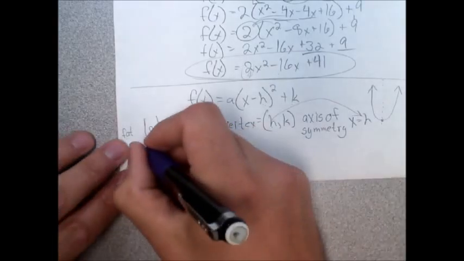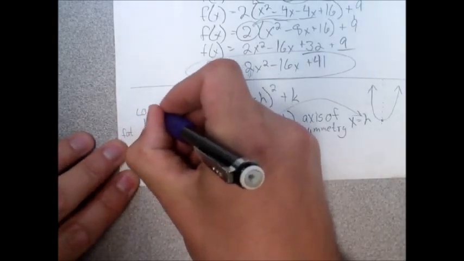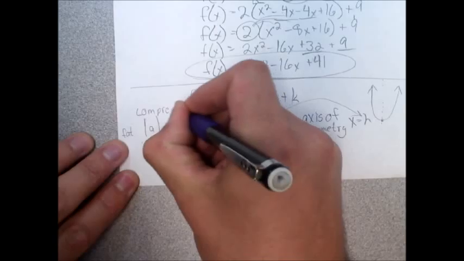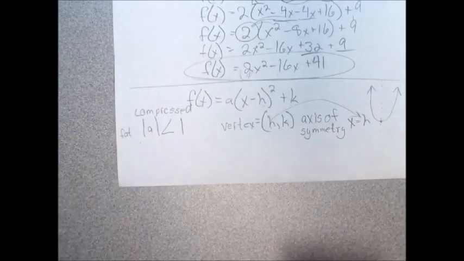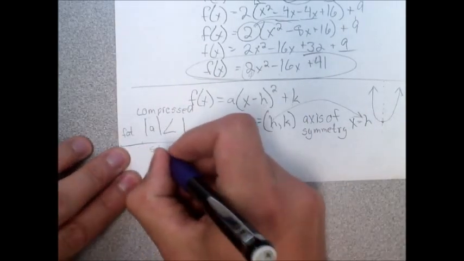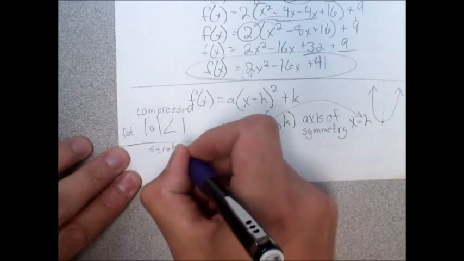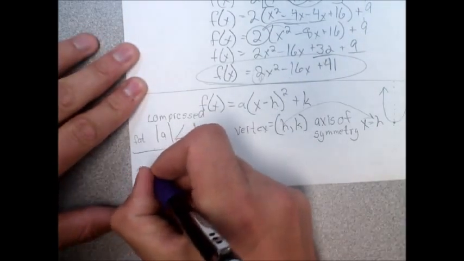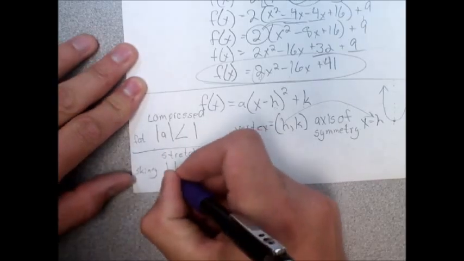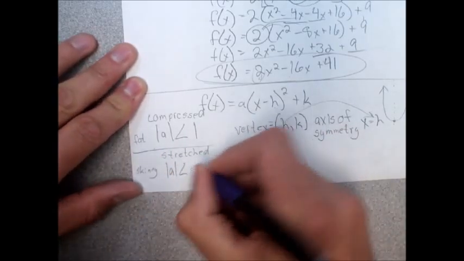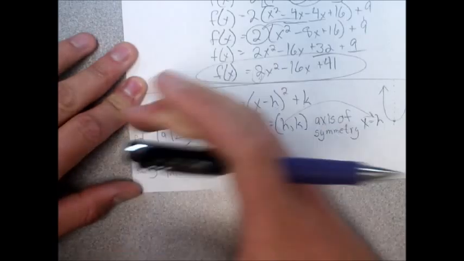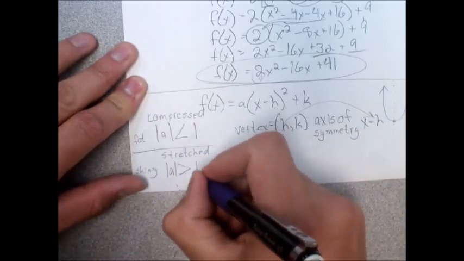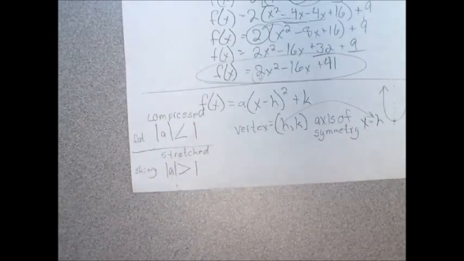Okay? So for compressed, the absolute value of A will be less than 1. For stretched, or skinny, the absolute value of A will be larger than 1, which would be greater than 1. Okay? Now if there's nothing up here, that just means it is equal to 1, and that is part of the parent function.